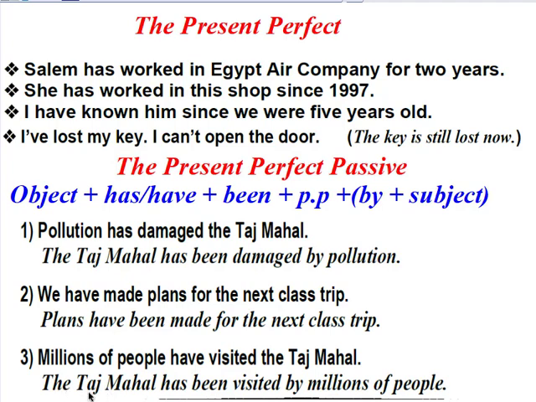So the Taj Mahal is here the object. Then it must be followed by has, not have. Why? Because here we have to follow the object. The object is singular, so it must be followed by has. So the Taj Mahal has been visited by millions of people.